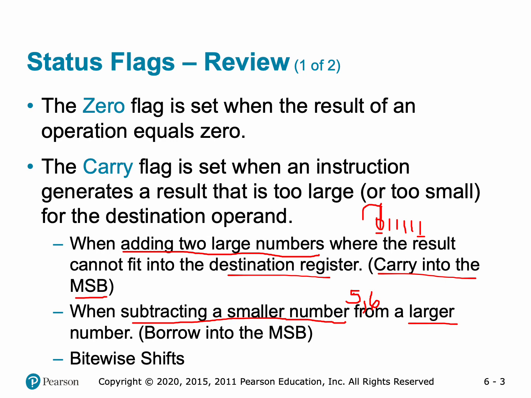We're going to borrow into that most significant byte. Also, we use the carry flag when we do bitwise shifts, which we'll talk about in this chapter. So when we shift our bits over, if we carry out of the most significant byte, then we would set the carry flag.